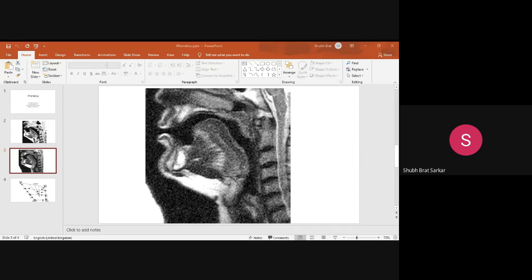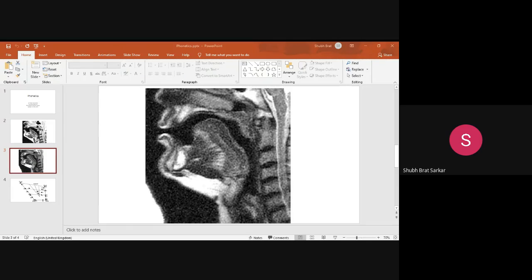Sixth short vowel is O, as in a word like ox. Then we have the seventh short vowel, U, as in pull.